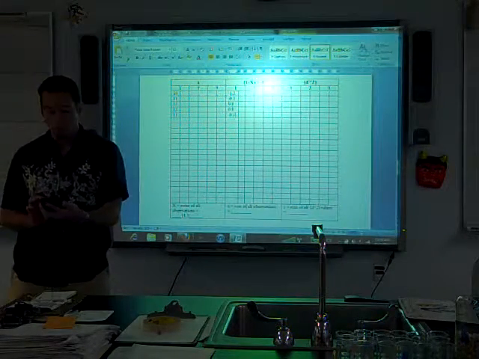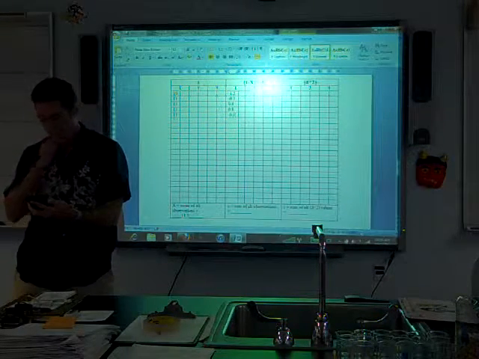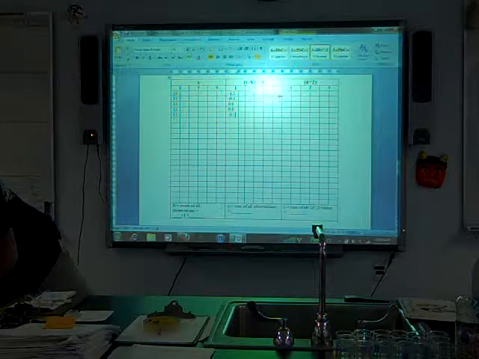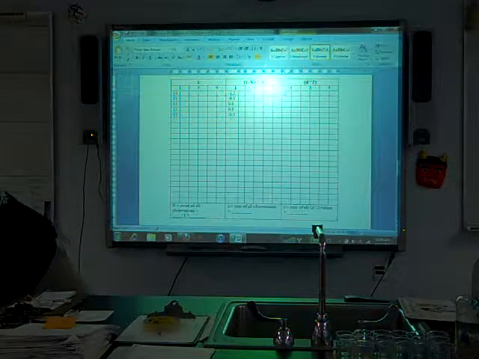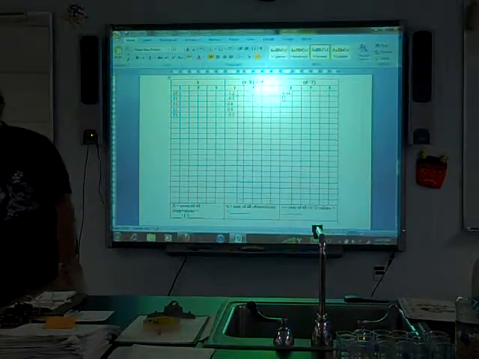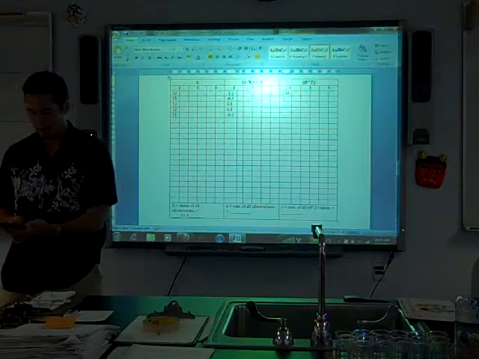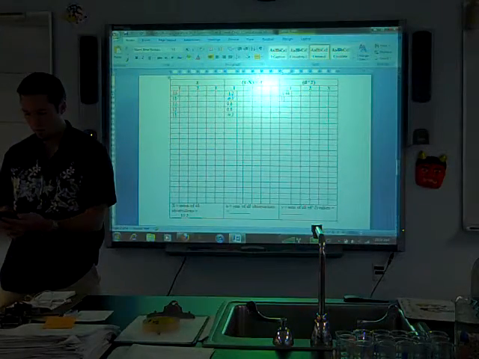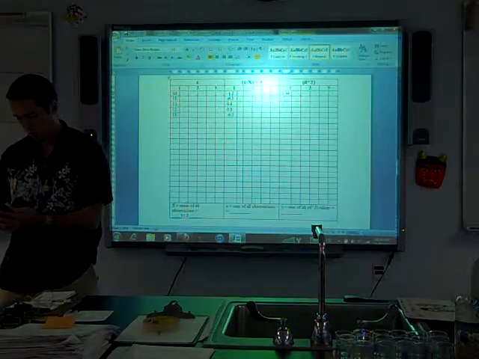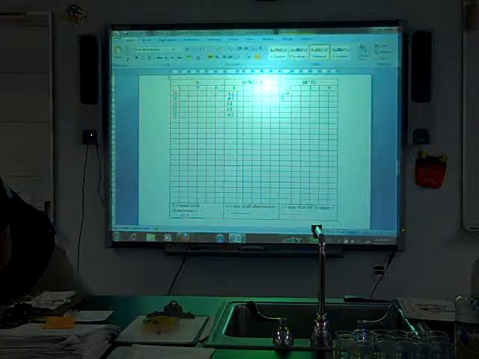So we take negative 1.2 squared, and it gives us 1.44. Negative 0.2 squared gives us 0.04.